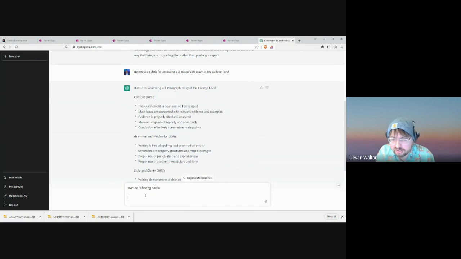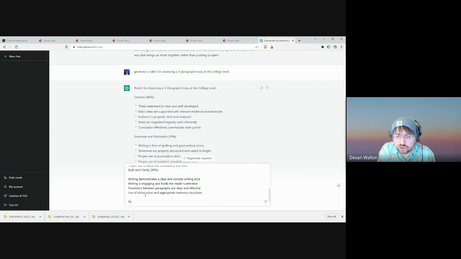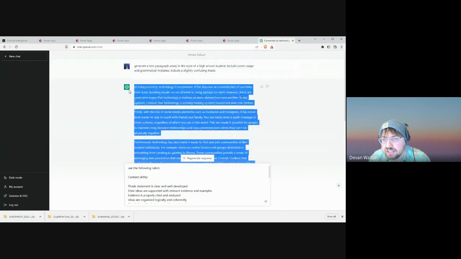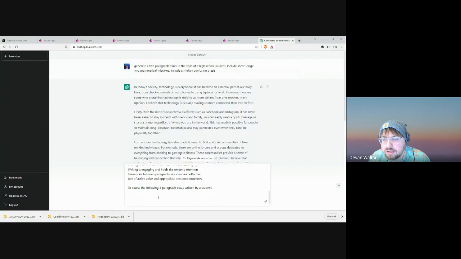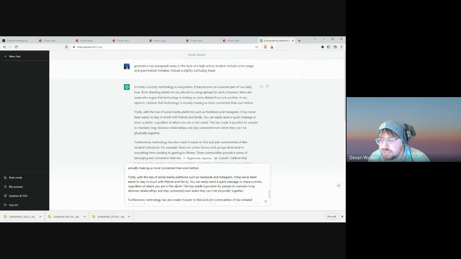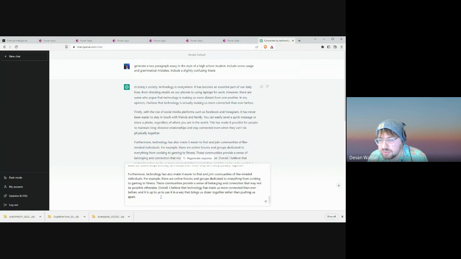We can do shift enter, and then we can do: to assess the following three-paragraph essay written by a student, colon. This is where we would just take the essay and paste it in. You can get results that are a little wonky, but we'll see how this goes.